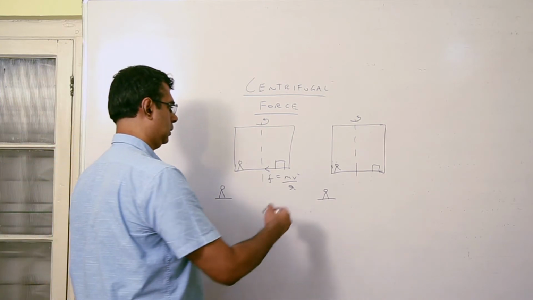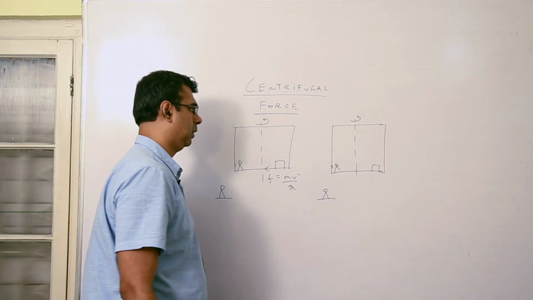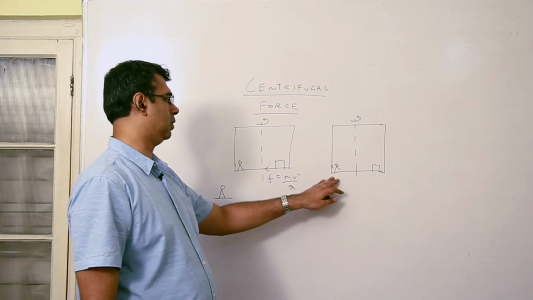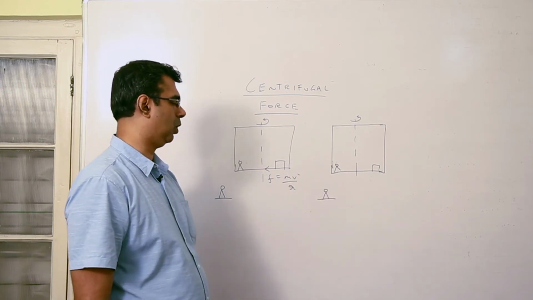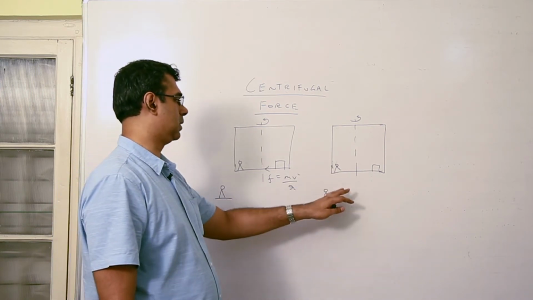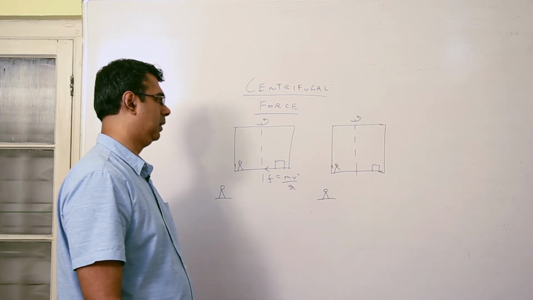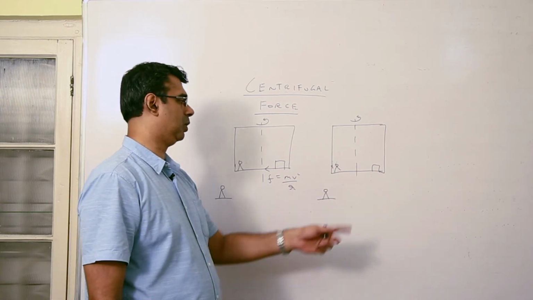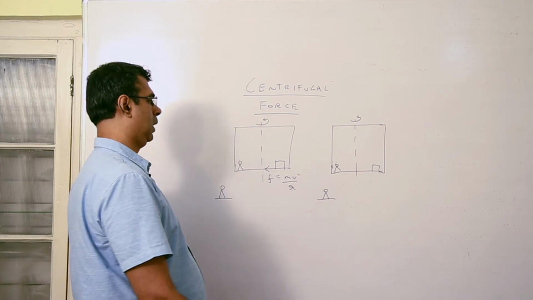Now when you consider this person, remember that he is a part of the same motion as the box. So for this person, the box will be stationary because he and the box are a part of the same motion.